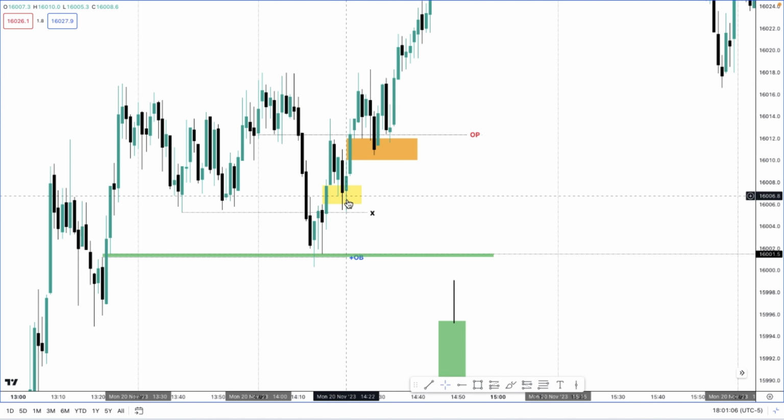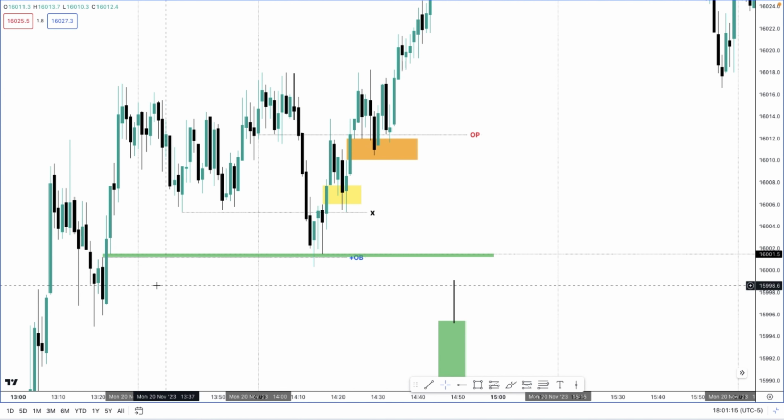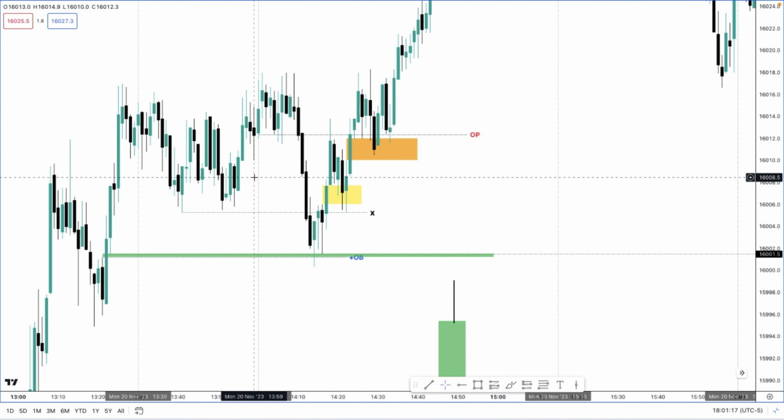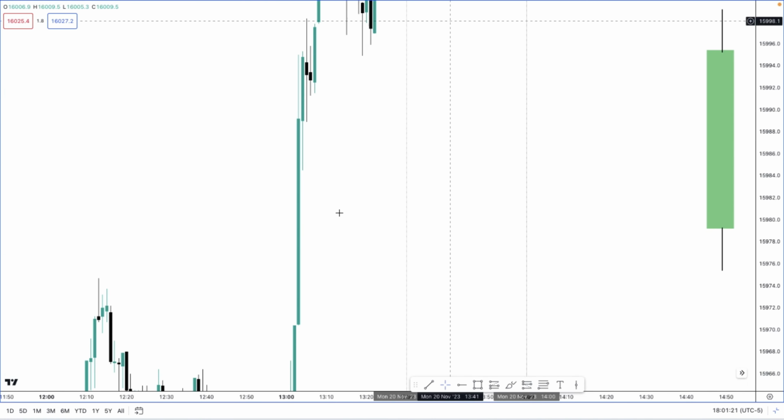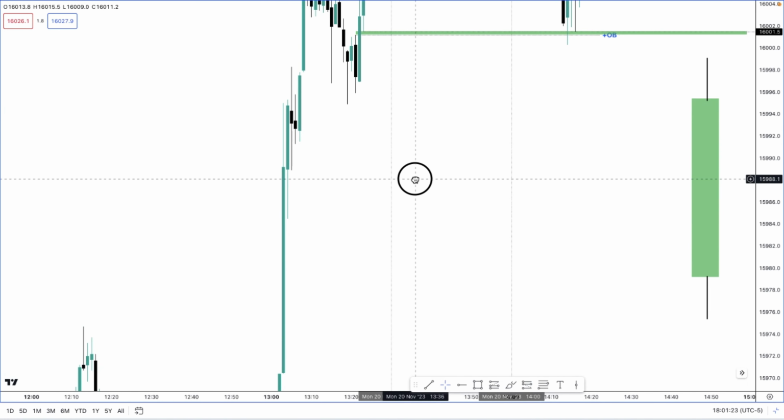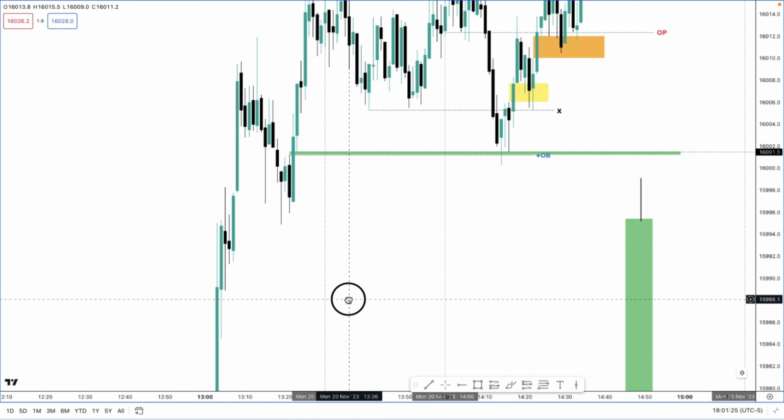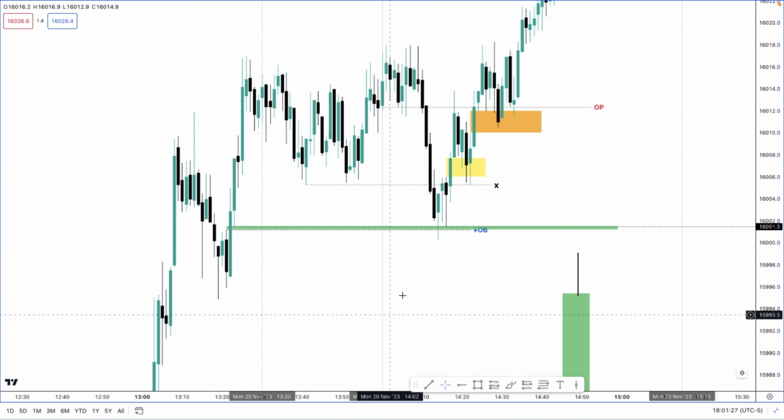It must be rebalanced. Now, what makes this an important fair value gap is, at the time it's forming, we are bullish. We're anticipating bullish price action. Why? Because the whole New York AM session was bullish. So it makes sense that in the PM session, we're anticipating continuation.